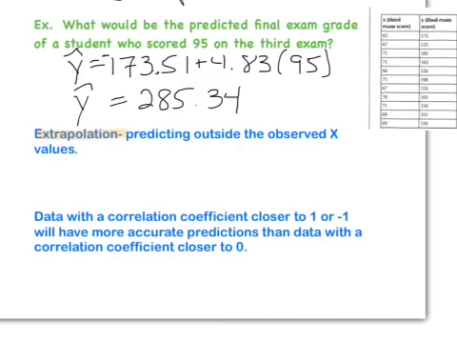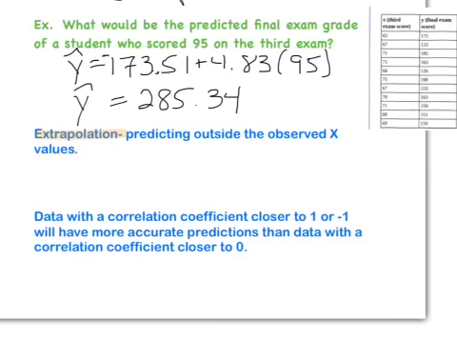First of all, look at that score compared to the other final exam scores. I'm guessing the final exam was out of 200 because my highest score here is a 198, but I end up with a predicted final exam score of 285.34, which is not reasonable.